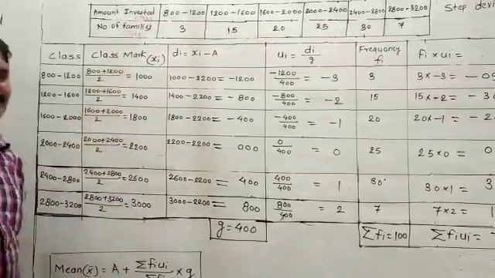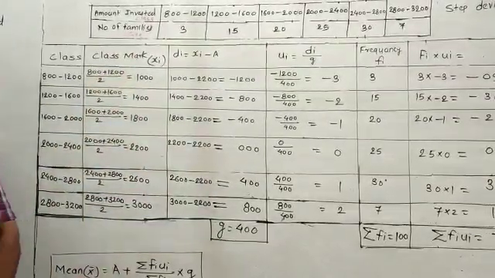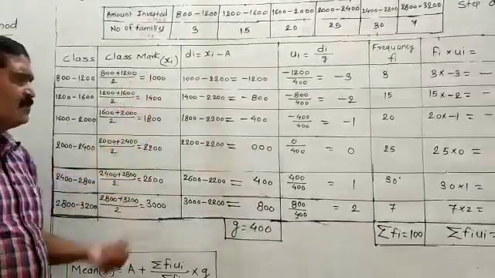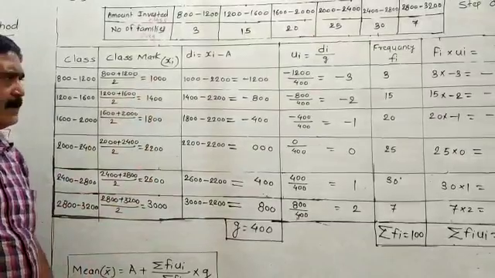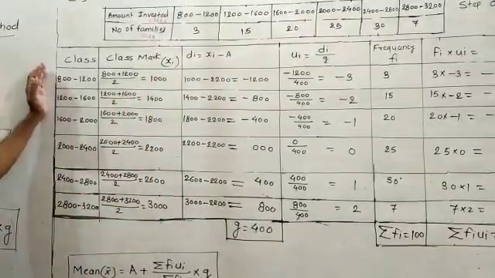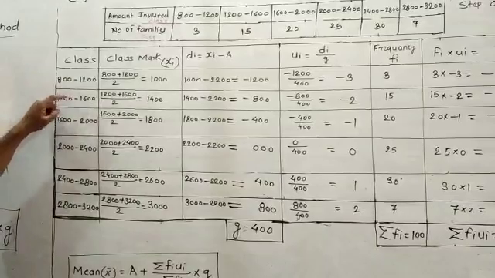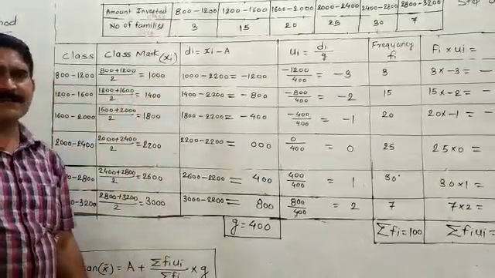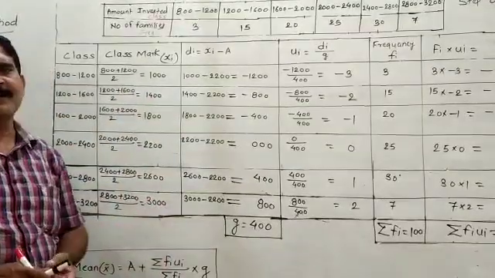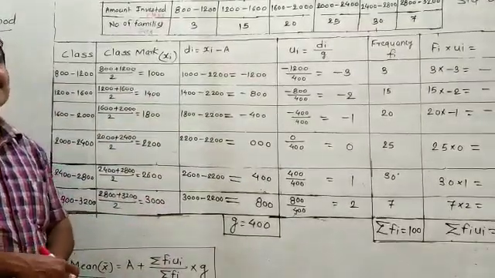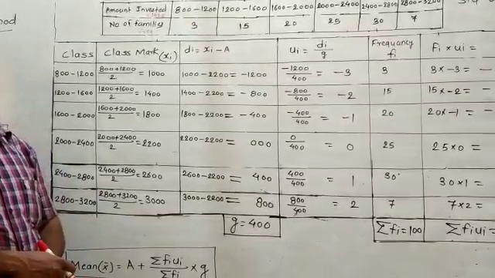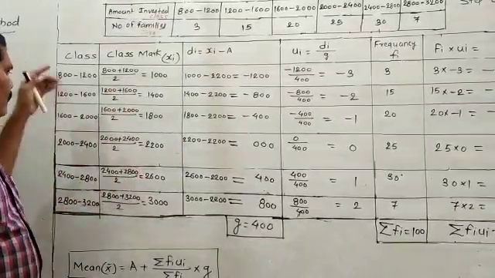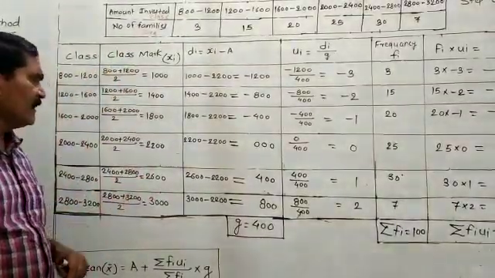Once you get the class marks, you have to find the assumed mean. Which number from the class marks should you assume? You have to see how many classes there are: 1, 2, 3, 4, 5, 6 classes, so 6 class marks. If you want to assume, you would take the middle class mark as A, but here a middle one will not come because the total number of class marks is 6.